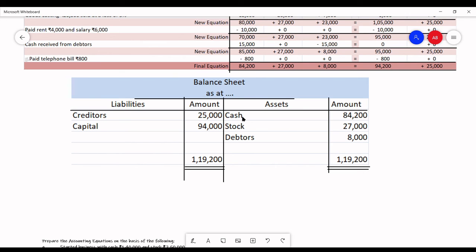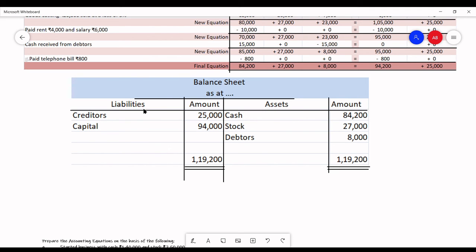So below assets, I have made a head cash and written the total amount of it. Next, the stock was at 27,000. I made a head of stock for rupees 27,000 in my balance sheet. Next, the debtors stood at an amount of 8,000. I've written debtors and put an amount of 8,000, and made the total of it, which stands at an amount of 1,19,200.